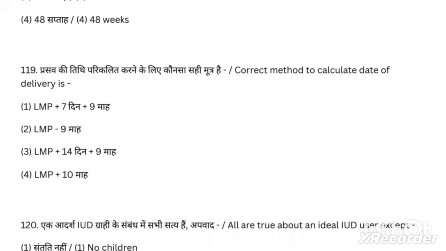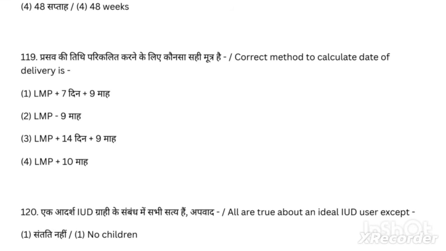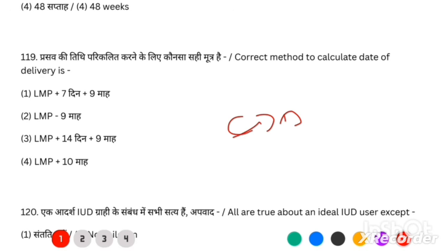Next question is, correct method to calculate delivery date. It is calculated by Naegele's formula, where the estimated delivery date, which is EDD, is the first day of last menstrual period plus 9 months plus 7 days.